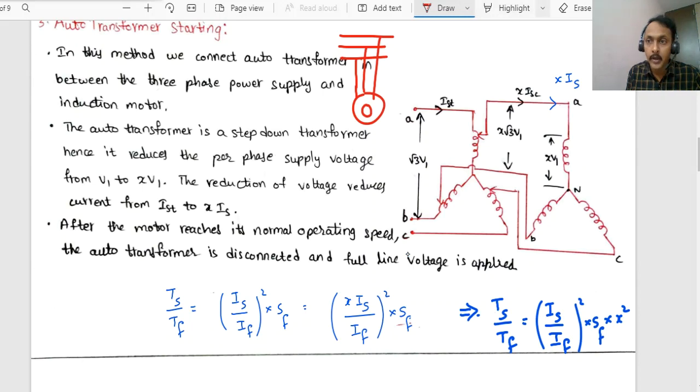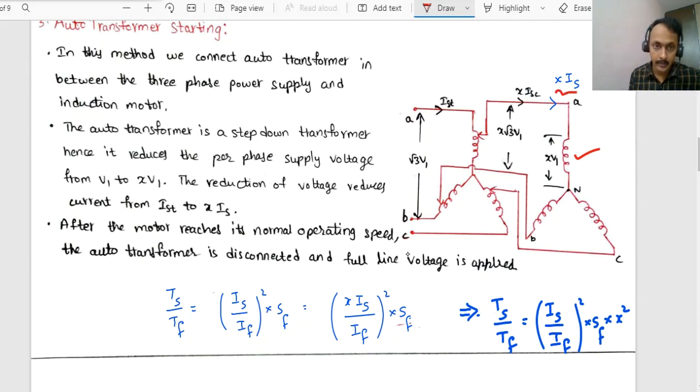Because of that, only some small fraction of voltage, some x times V1, will be given to the stator winding. As the voltage level has decreased, the amount of current drawn will also be only some x times the starting current.